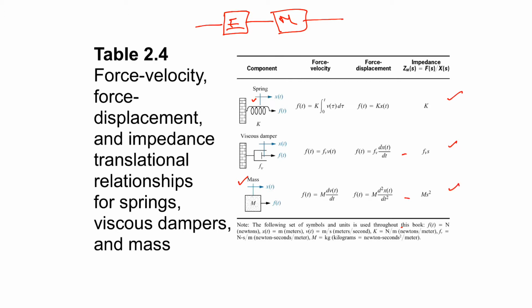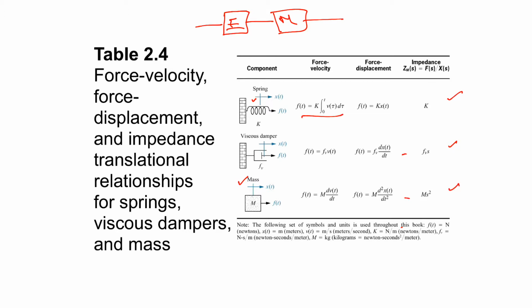This column represents the Laplace transform that we have already discussed, for this integral function, this simple function, and this differential function. The first one shows that the force is related to the velocity by this integral relation.